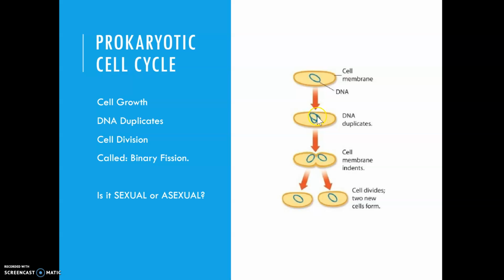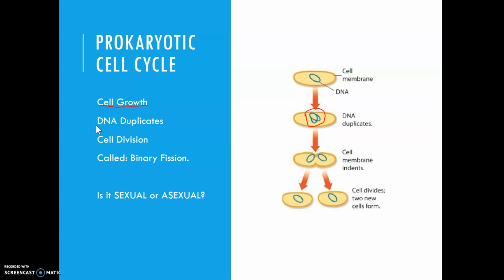You can see in this circle right here that it's making two copies of its circular DNA. And then the cell just pinches together, and you end up with two new daughter cells. The process is that the cell goes through growth because it has to have enough cytoplasm and everything for two cells.